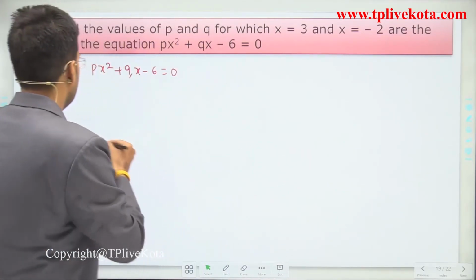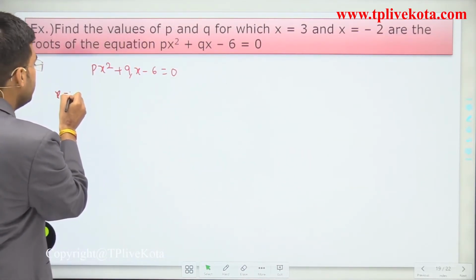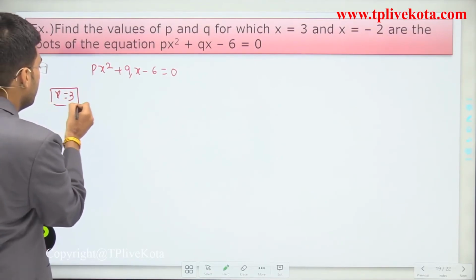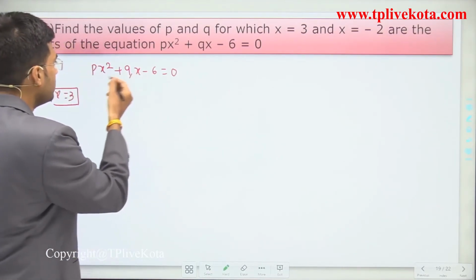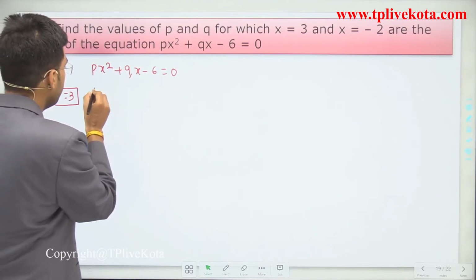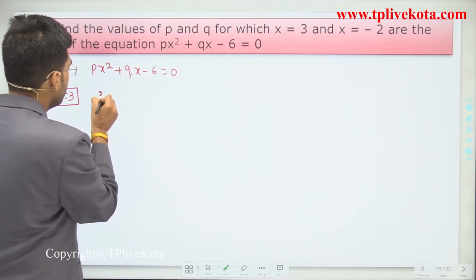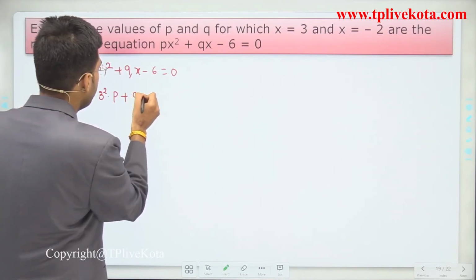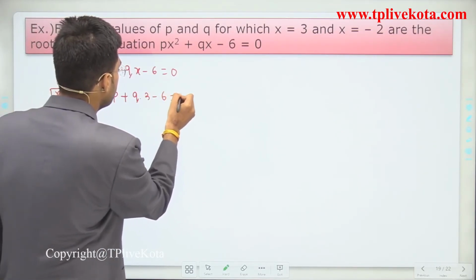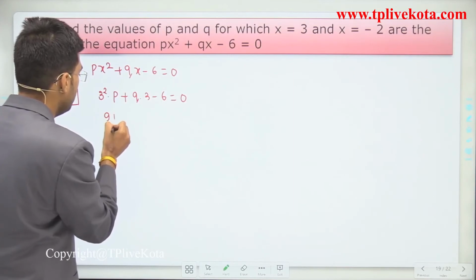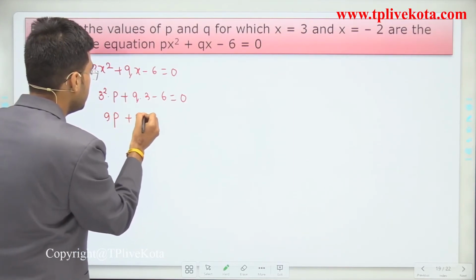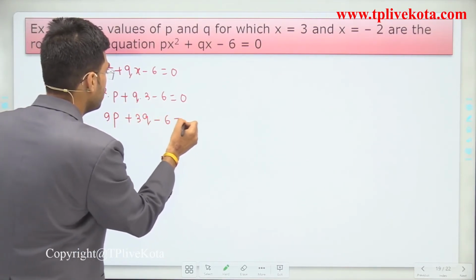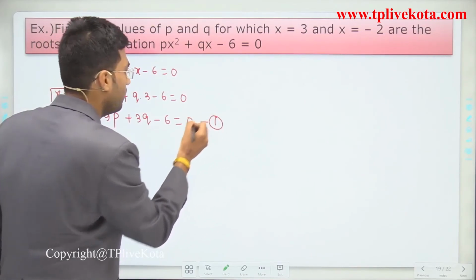So for x equal to 3, if we replace in this equation, then it is 3 square multiplied by p plus q multiplied by 3 minus 6 equals 0, and it is 9p plus 3q minus 6 equals 0. Let this be equation 1.